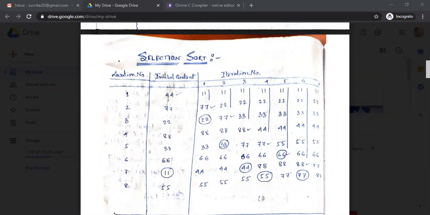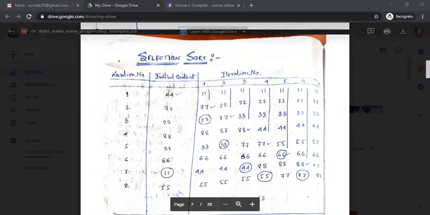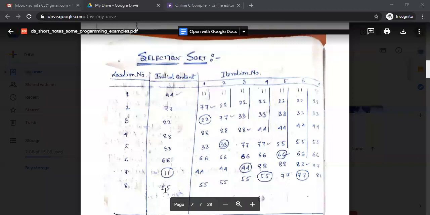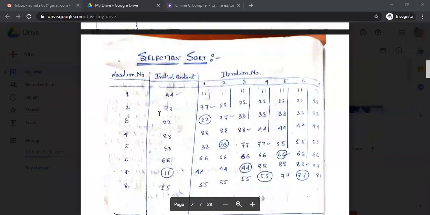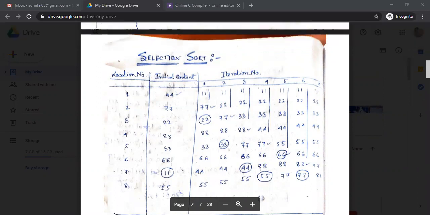Suppose my array name is ARR, same as before. This is the lower index and this is the upper index. The lower index starts with 0 and the upper index ends with n minus 1. So A0 to A7, a total of 8 n values we have in our array. Clear?